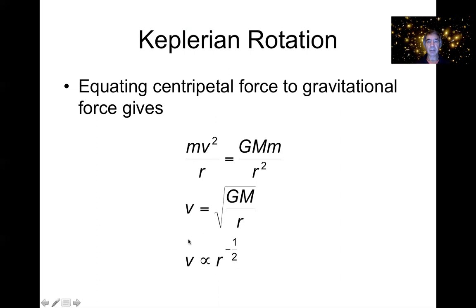If you go back and look at Kepler's laws for planets in our solar system, or for binary stars in general, this is what you get if the mass is dominated by some central source. So that's what we'd expect in the outer parts of the galaxy, where all the mass would be inside the radius.